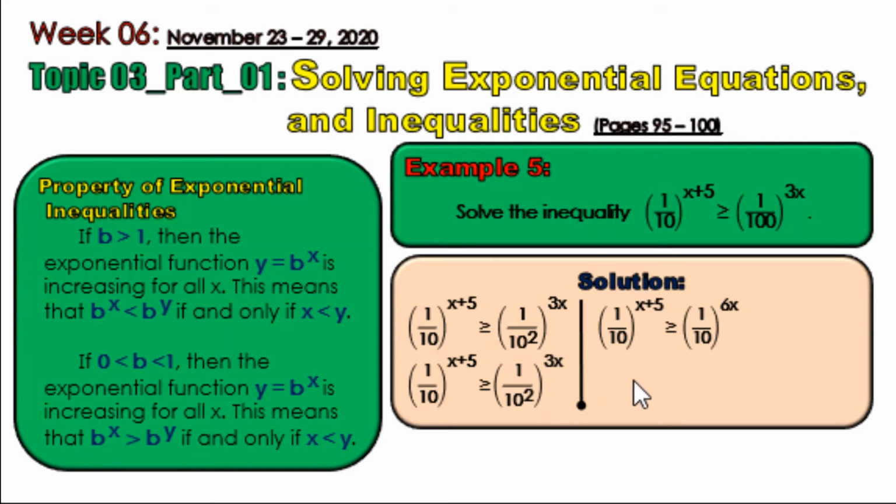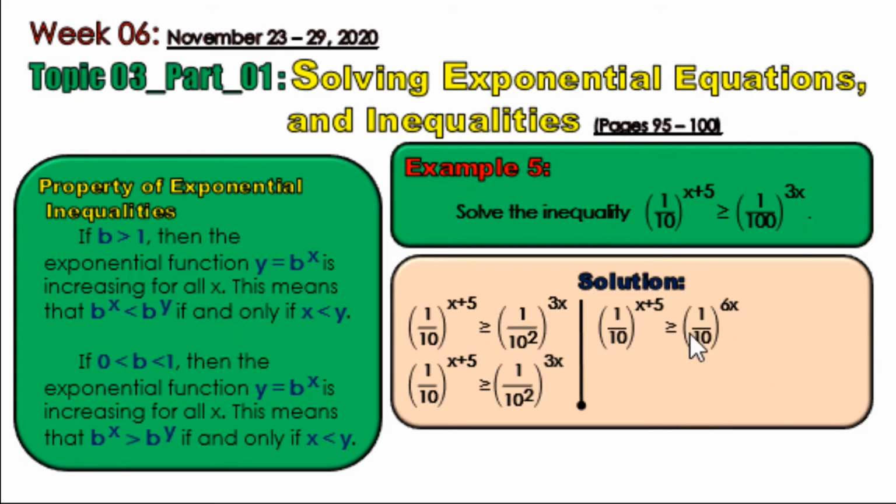So we have 1 over 10 raised to x plus 5 is equal or greater than 1 over 10 raised to 6x. And we now have the same bases, so therefore our concern now is these two exponents.